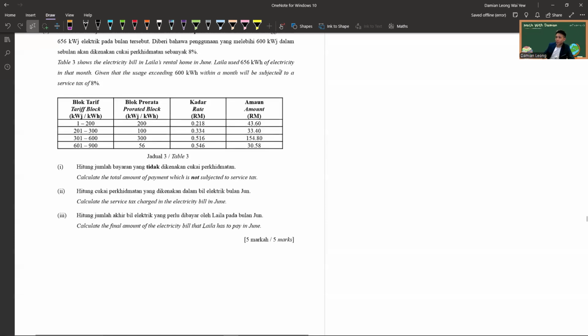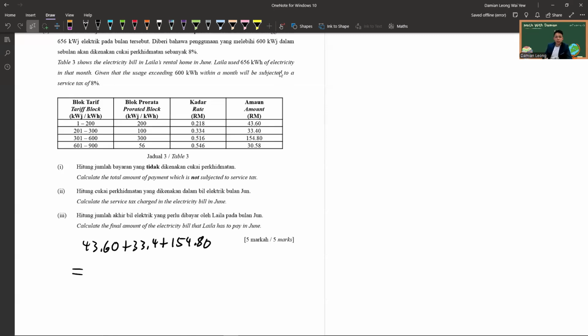So 656 kilowatt hours means, basically, it would just be 43.6 plus 33.4 plus 154.8.